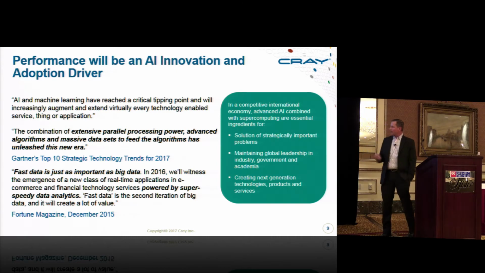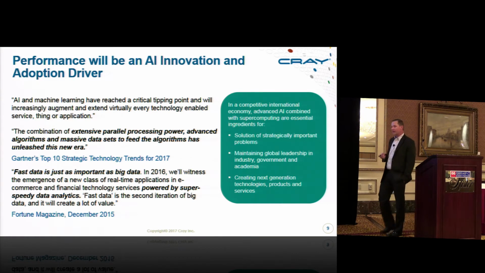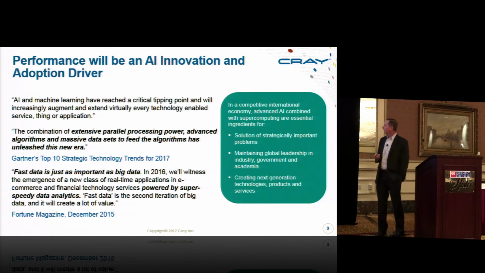Going back a little bit further, though, Fortune says fast data is just as important as big data. We've heard a lot of emphasis on streaming data and the ability to quickly bring in new data to train on, making those training cycles shorter so that we can update the neural networks to new types of scenarios.